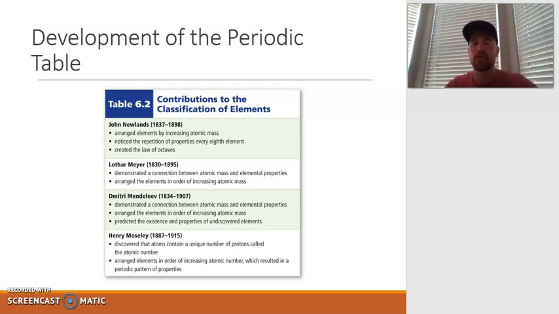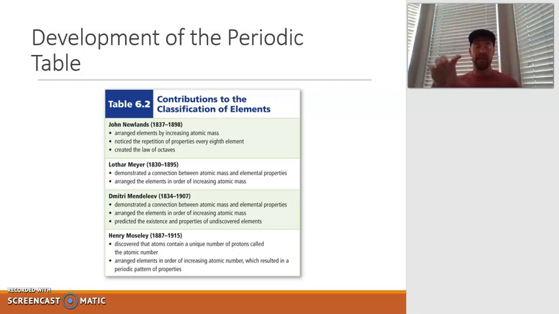The two big names, though, that I need you to know for the history of the periodic table are Dimitri Mendeleev and Henry Mosley. Dimitri Mendeleev demonstrated a connection between atomic mass and elemental properties as well. But what he did is he started to arrange the elements by increasing atomic mass, much like he would take index cards and write an element on that index card and lay them out.